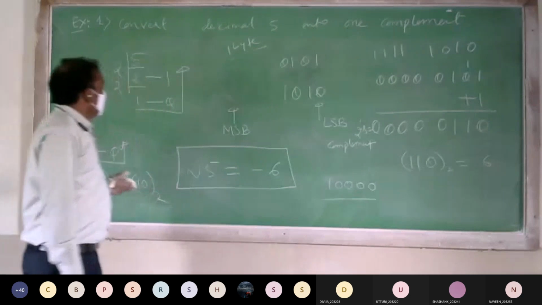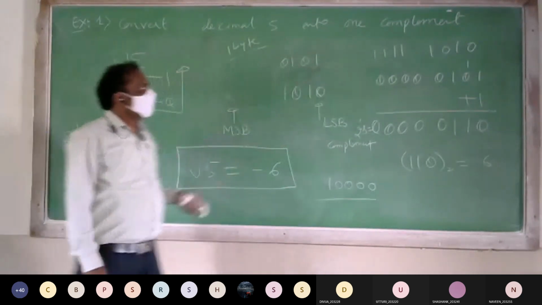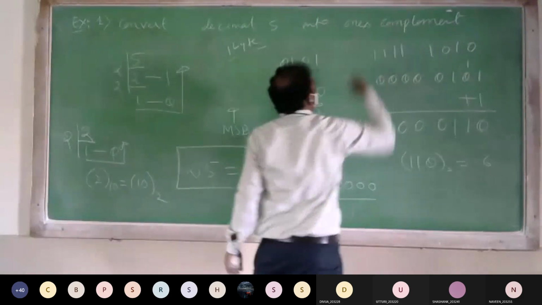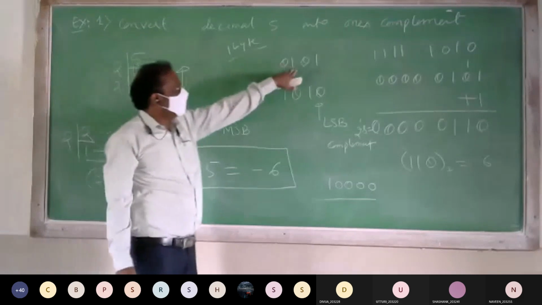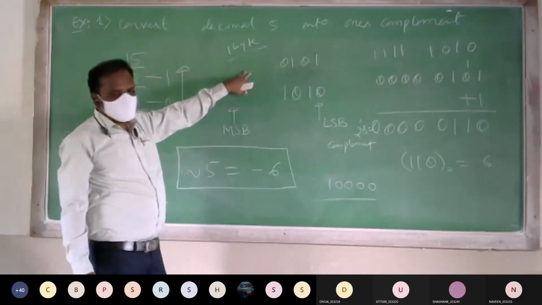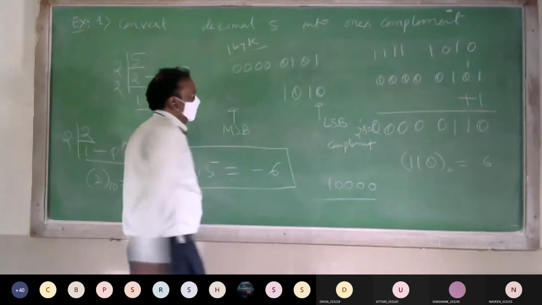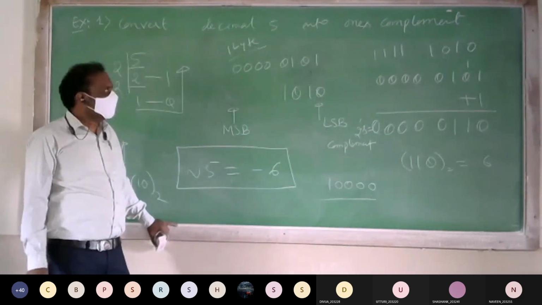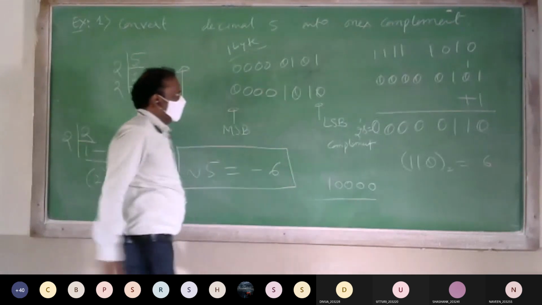So once again, we started with converting decimal number 5 into 1's complement. We have taken the binary value of 5 as 101 and I added bits up to 8 bits. I represented that 5 in the form of 8 bits because 8 bits is 1 byte.